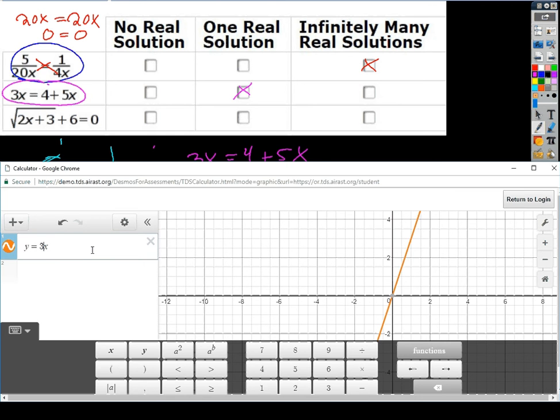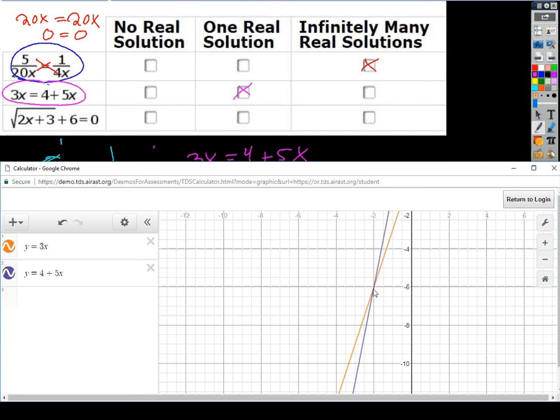Okay, there's the left side. Now what? Graph the right side. So y equals 4 plus 5x. And what do I look for? Yeah, the intersection. So the answer is at -2, -6.